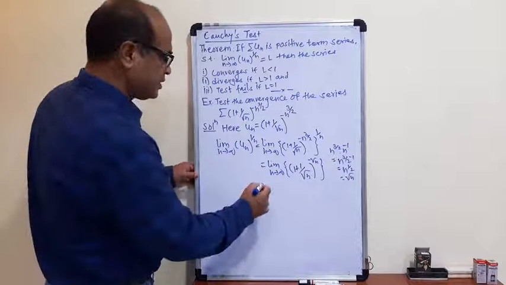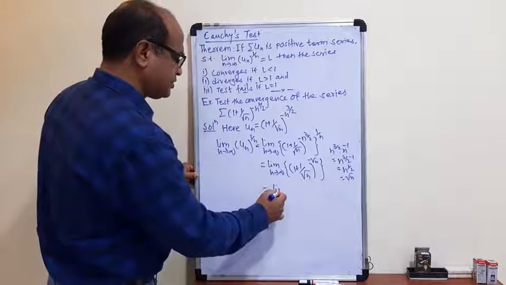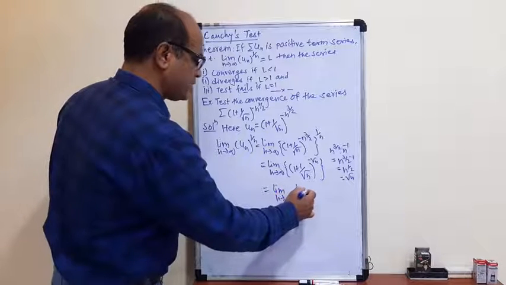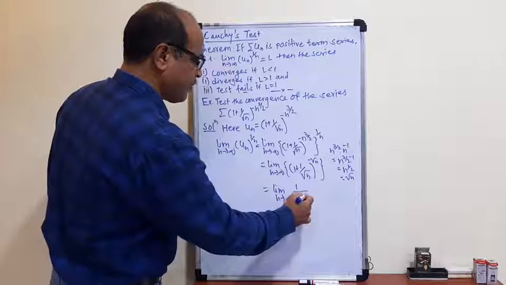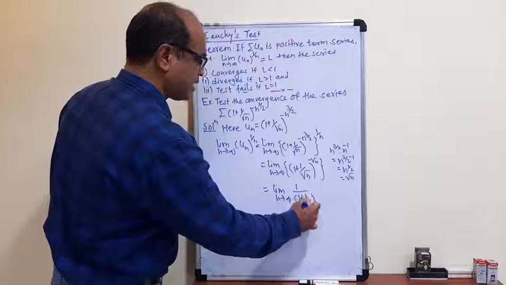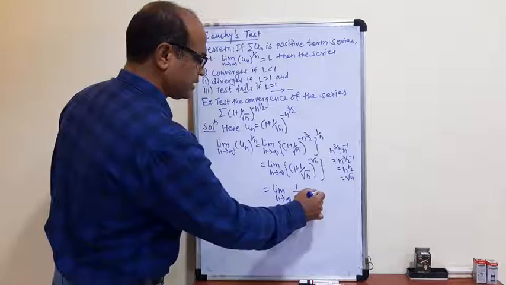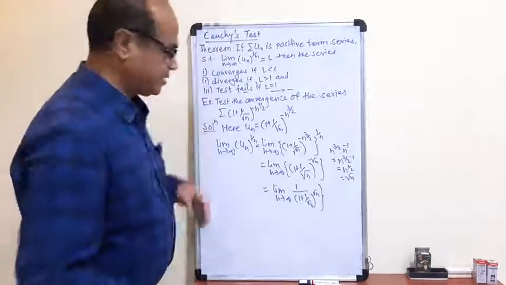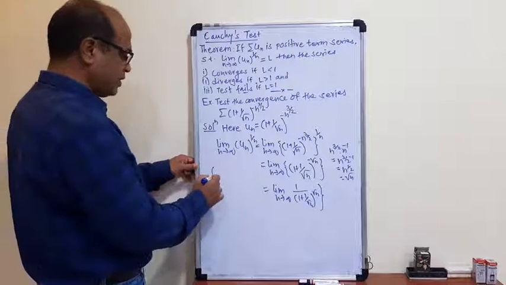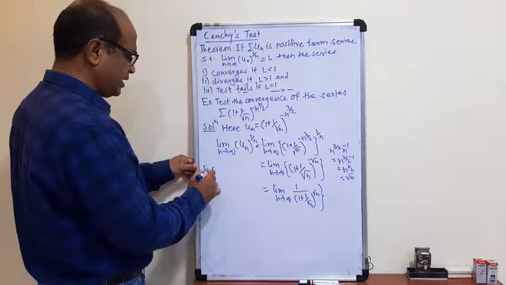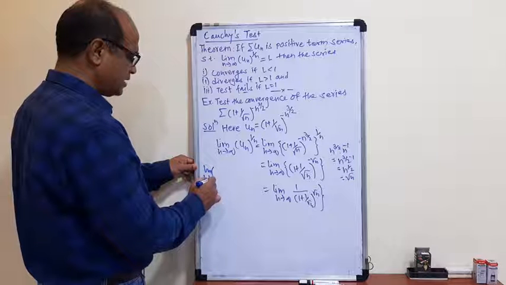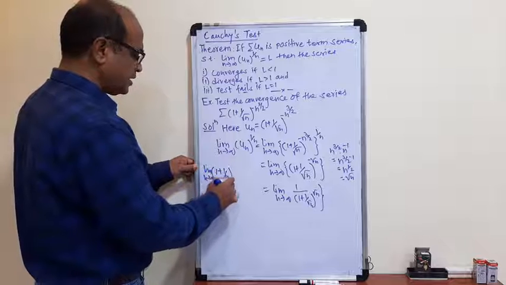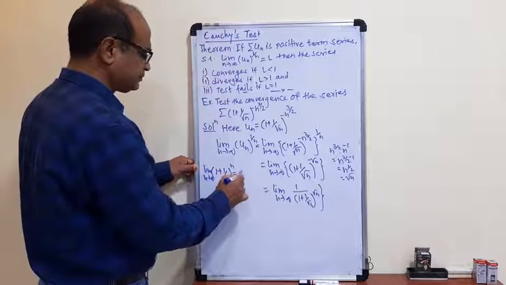Therefore, this can be written as limit n tends to infinity of 1 upon (1 plus 1 upon root n) raised to root n. But we know the standard limit. What is the standard limit? Limit as n tends to infinity of (1 plus 1 upon n) raised to n is equal to e.